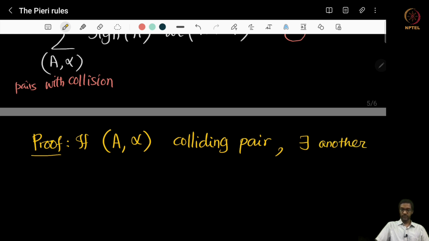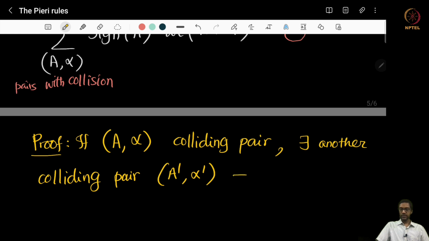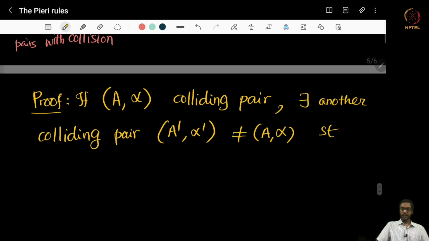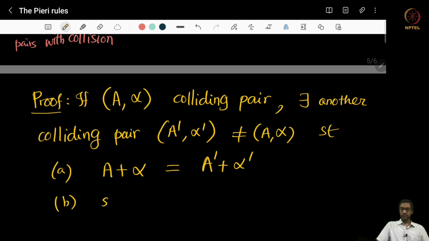There is another, a different one, not the same as the original, A prime, alpha prime, such that the following happens. Number one, the final abacus position is the same: A plus alpha has the same final bead positions as A prime plus alpha prime. But the signs are opposite.